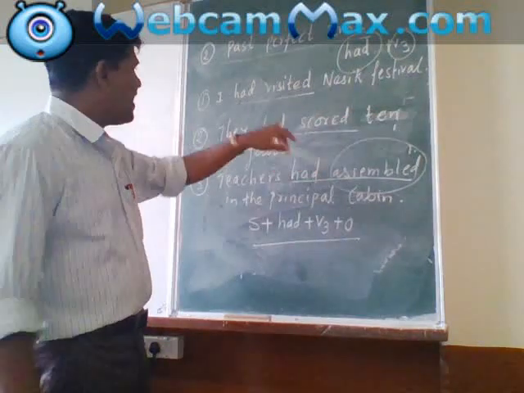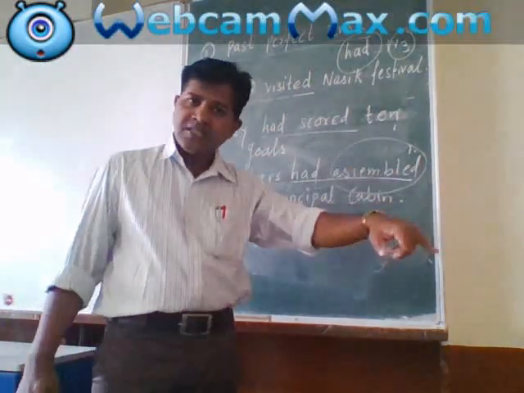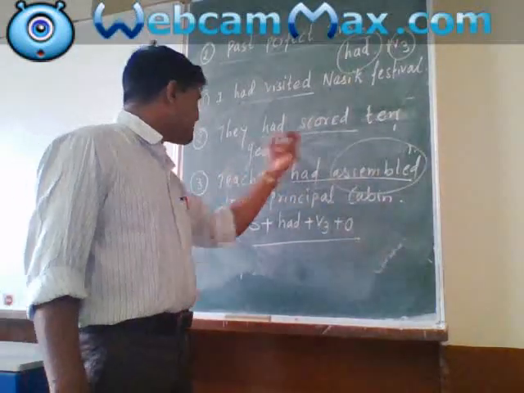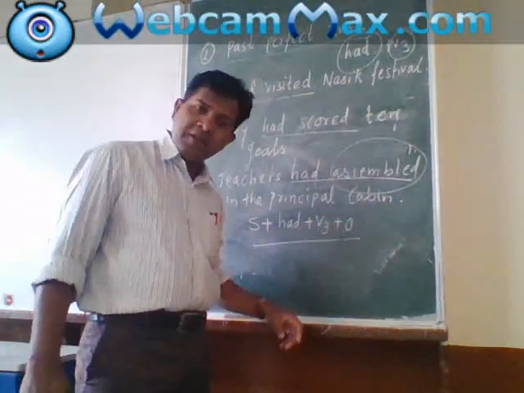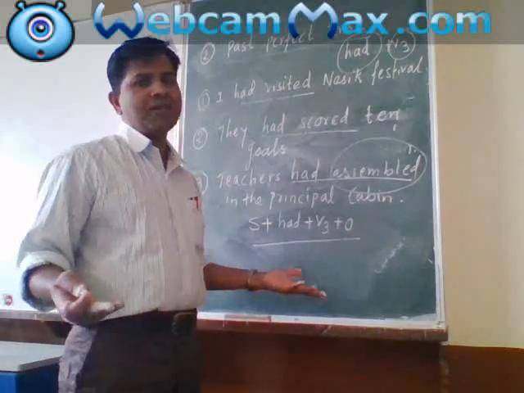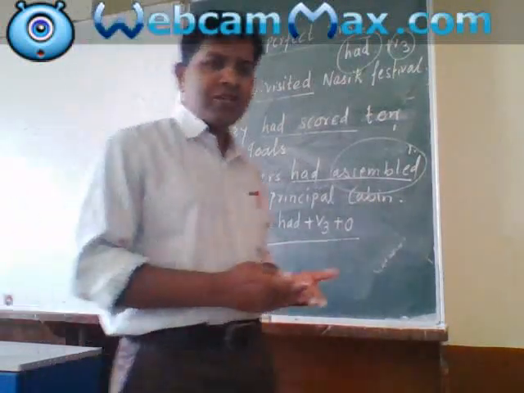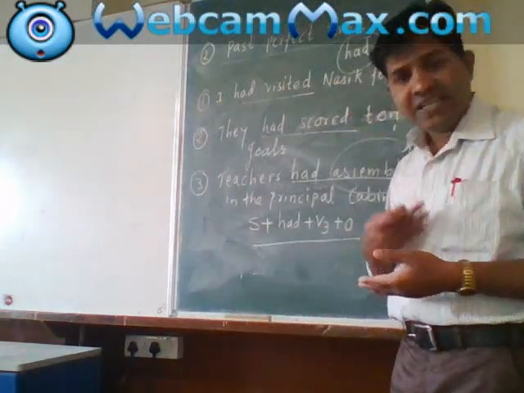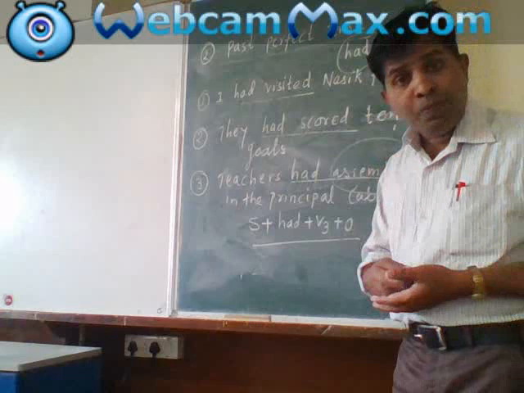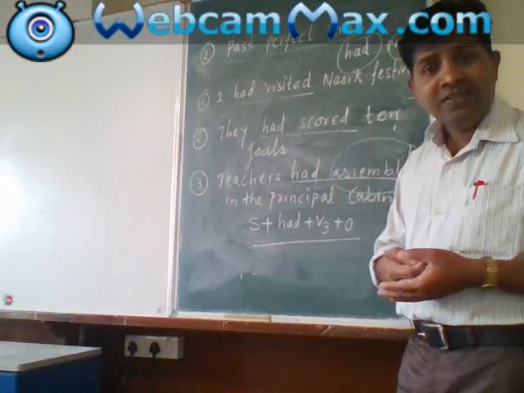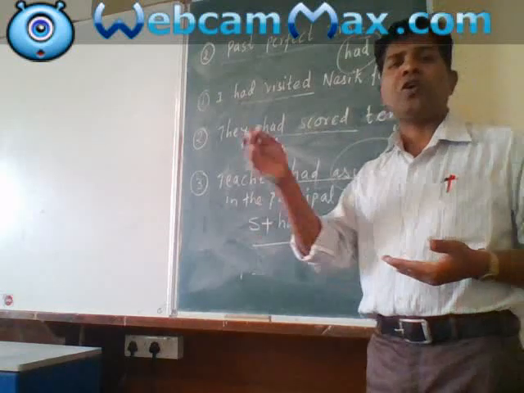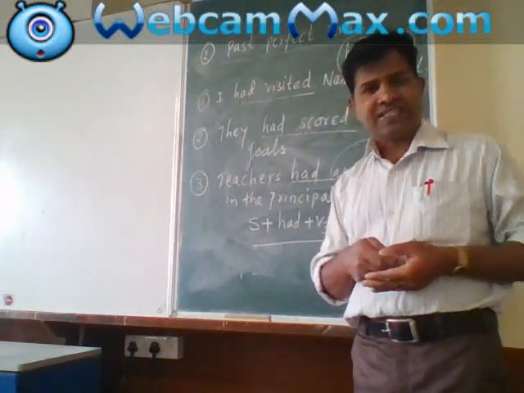Question mark. Had they scored 10 goals? Question mark. And had teachers assembled in the principal cabin? It is question mark. So make it interrogative of assertive sentences. It's very easy and it's very important while studying reported speech, indirect speech of interrogative sentences.